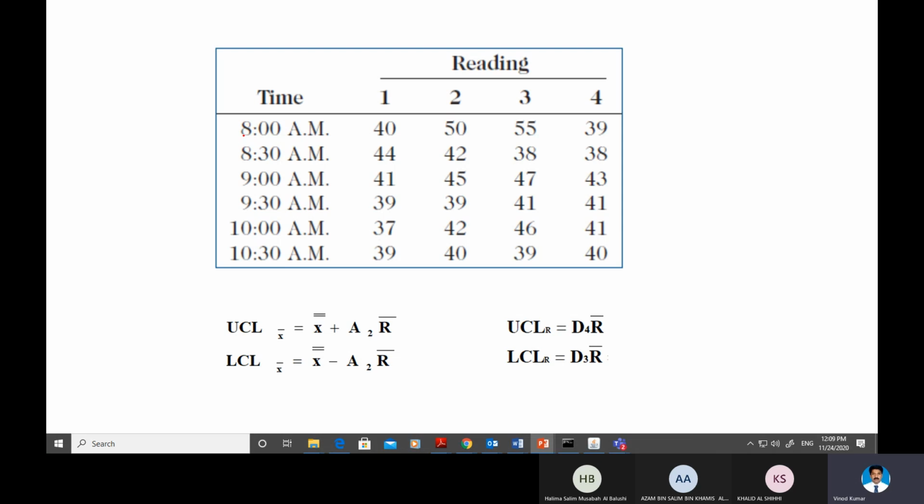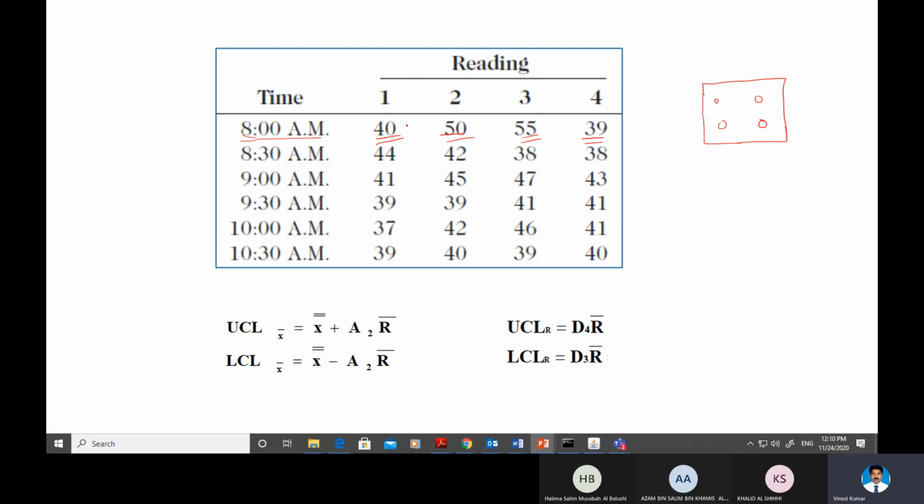At 8 AM, I take, for example, this furnace, and measure temperature at 1, 2, 3, 4 points. At 8 AM, I take 4 points: temperatures 40, 50, 55, 59.